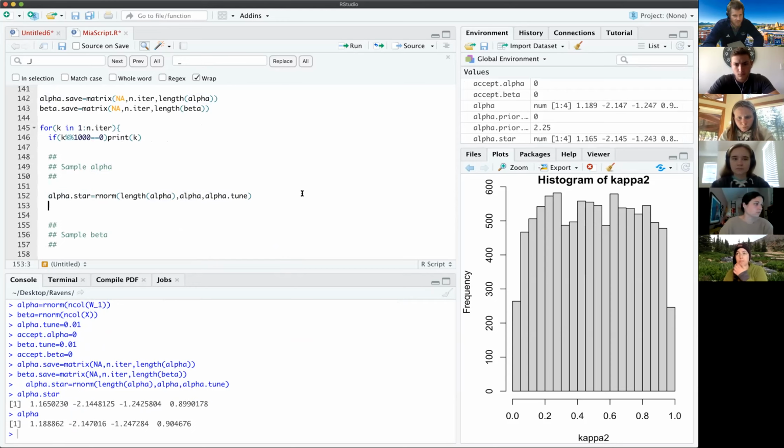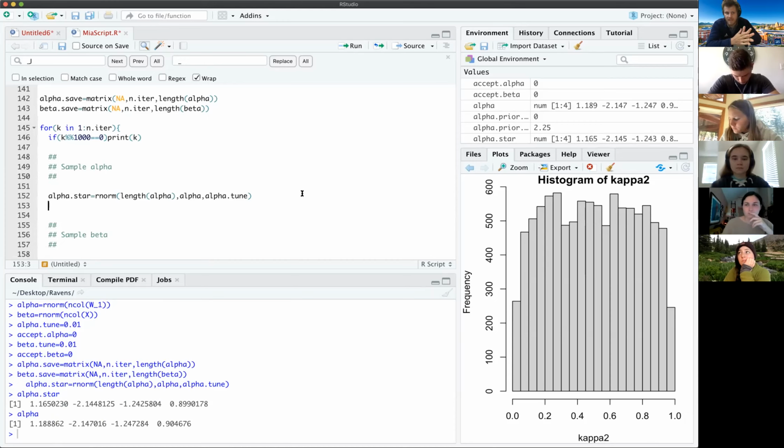All right, so we have our proposal distribution. Now what? So are we going to do like, if alpha star is greater than 0, then we'll do the Metropolis Hastings check? We don't have to do the if statement because the support of alpha is negative infinity to infinity.